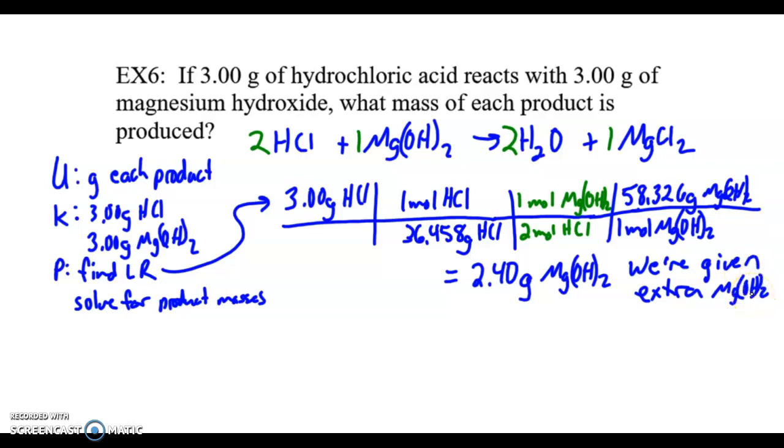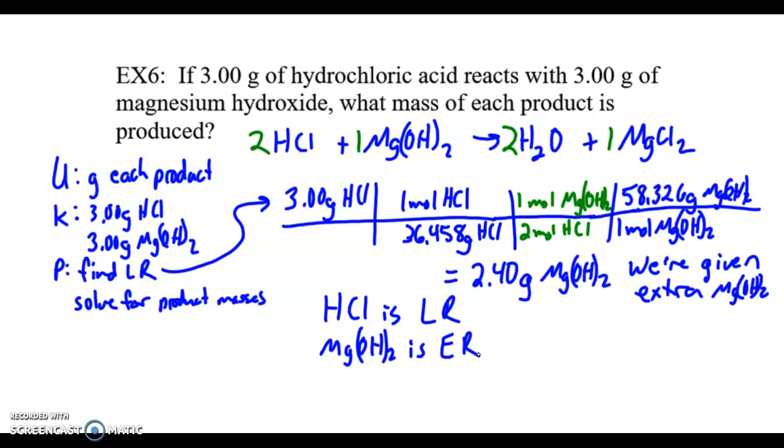We're given extra magnesium hydroxide, so that means that HCl is the limiting reactant, and Mg(OH)2 is the excess reactant. The limiting reactant is the most important.